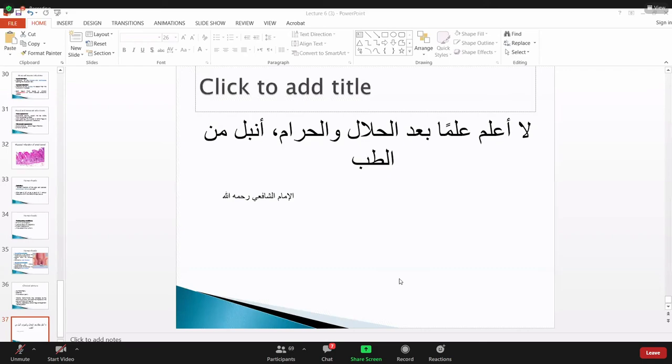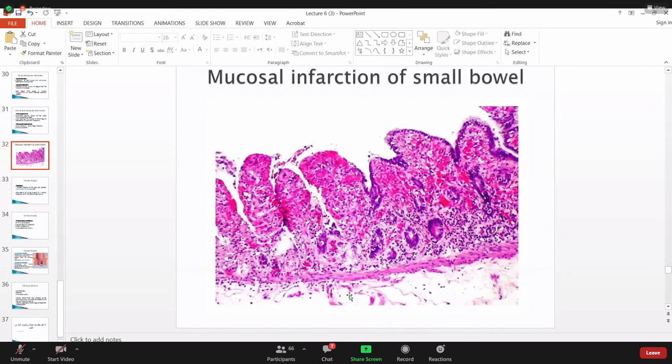Most of the time, if we restore the blood supply, there is rapid regeneration, because this area, especially the mucosa, is highly proliferative and regenerative. Restoring the blood supply in mucosal and mural infarction returns it to normal, whereas in transmural infarction we must do surgical excision.